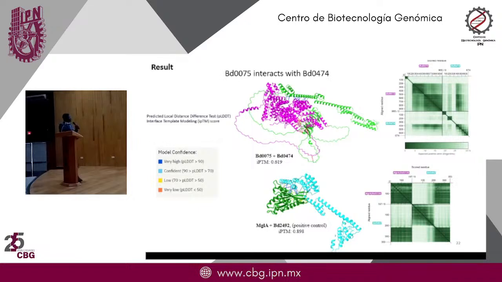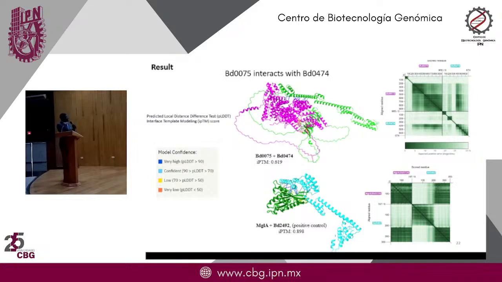In 0075, we can see the A domain, the B domain, and the C domain. And in 474, we can see the A domain, the B domain, and the C domain. And here we can see that this region of interaction corresponds with the C domain of 474 and also the C domain of 0075. So the C domain is where the interaction is predicted to happen.